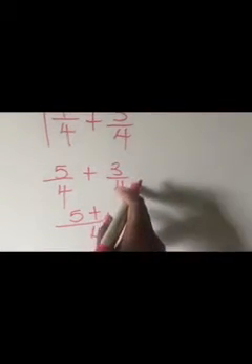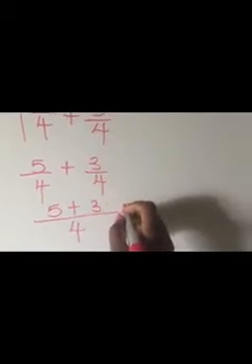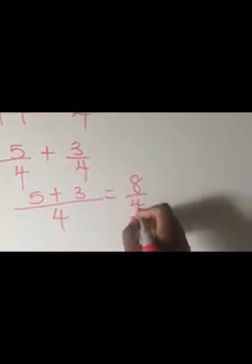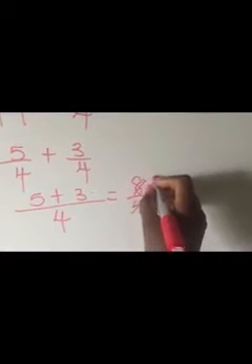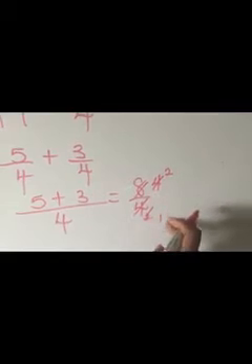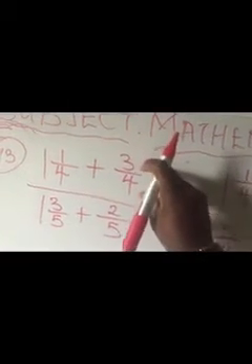Plus 4 divided by 4, 1. 1 times 3, 3. That's 5 plus 3 is 8 over 4. 2 here, 2. 2 here, 4. 2 here, 1. 2 here, 2. So this is 2 over 1, which gives us 2. So we got 2 in the first question.